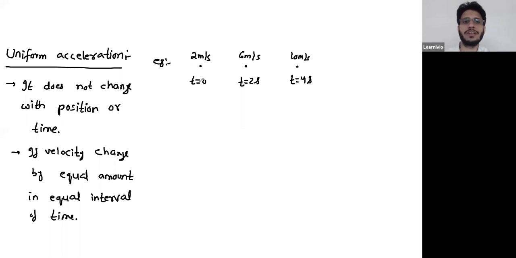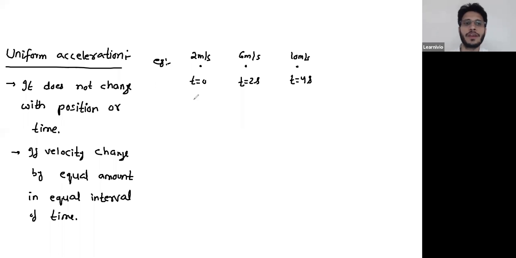In the interval of 0 to 2 seconds, velocity changed from 2 to 6, by 4 meter per second. In the next 2 to 4 seconds, again an interval of 2 seconds, velocity changed from 6 to 10, again by 4 meter per second. So if velocity changes by an equal amount in equal intervals of time, then acceleration is uniform.